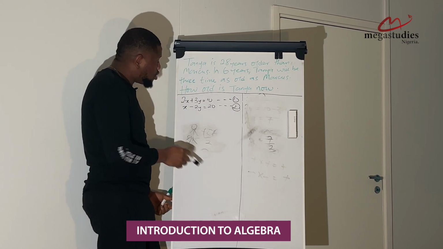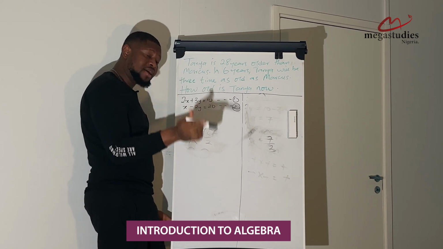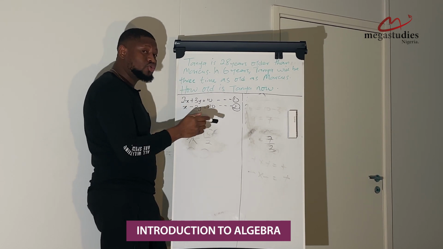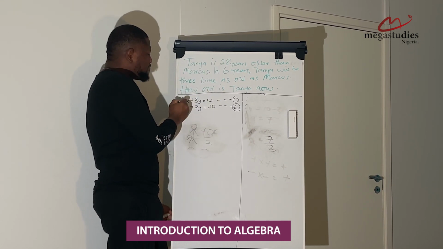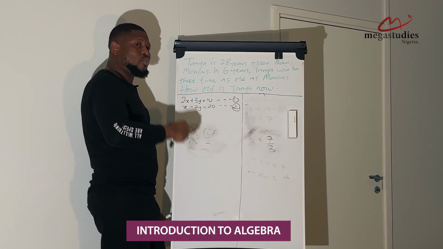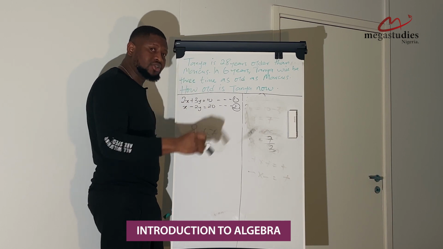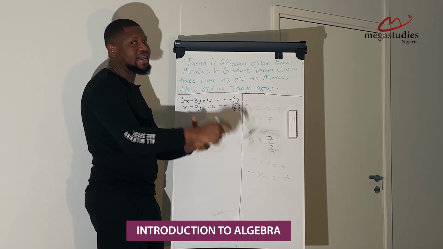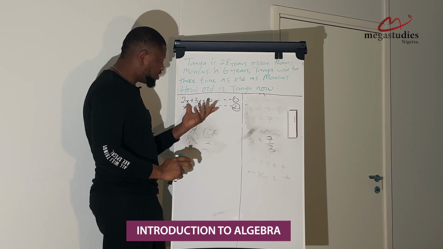It will be easier for us to make x the subject of formula. Why? Because x is already standing on its own, so it will be easier for us not to stress ourselves. Of course, from any of the equations, we make one of the unknown values the subject of the formula, because if we get one value, definitely we can get the other value. That is the logic in this simultaneous equation.